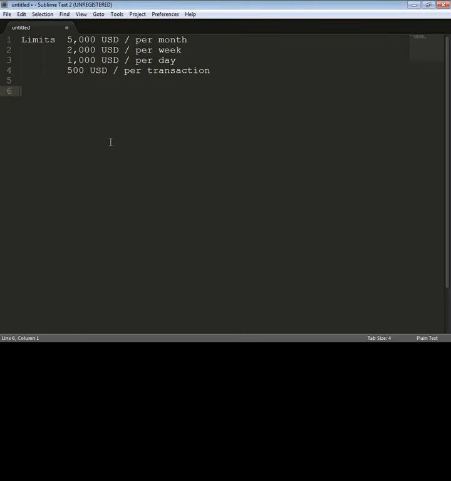So let's talk for a second about this exact thing. I'm going to say that you have a credit card. So this is the document ID.